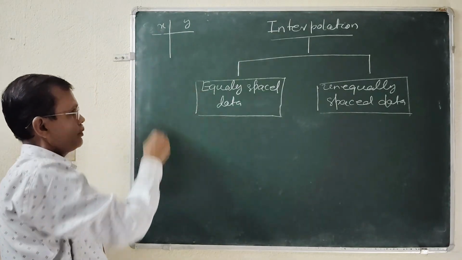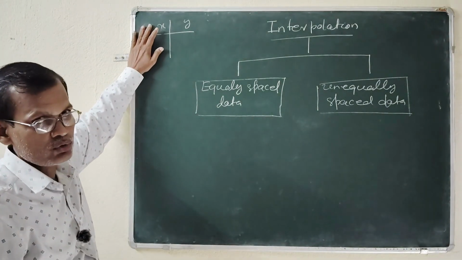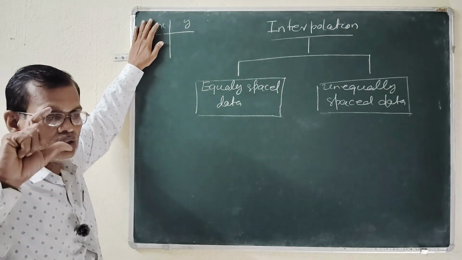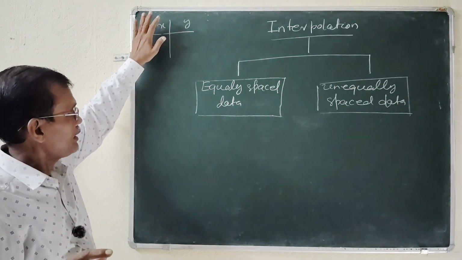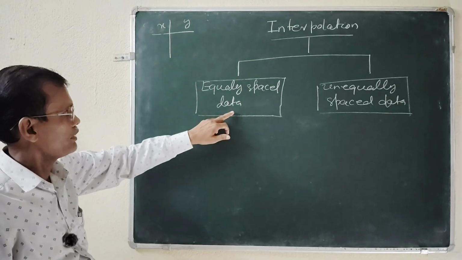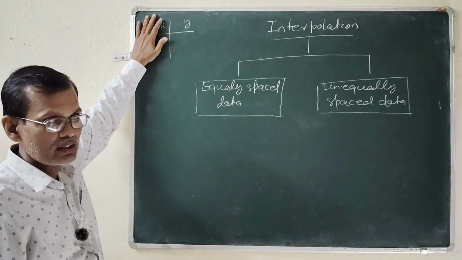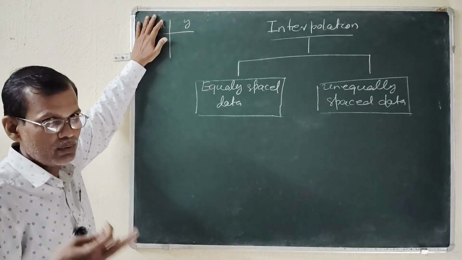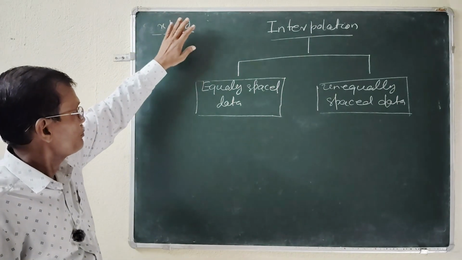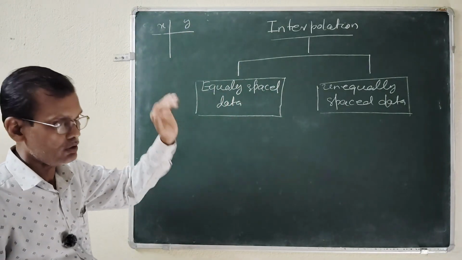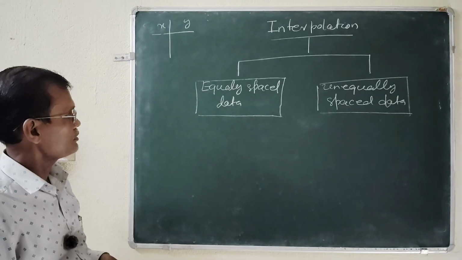So this value may be equispaced, may not be equispaced. Suppose we decide the value of x as 2, 4, 6, 8. That means they are equispaced, and for that type of data we find y. So that comes under the head equally spaced. But if we decide x as 2, 5, 4, 9, randomly selected, then for that x the value of y will be unequally spaced. We will come to it in detail with examples.